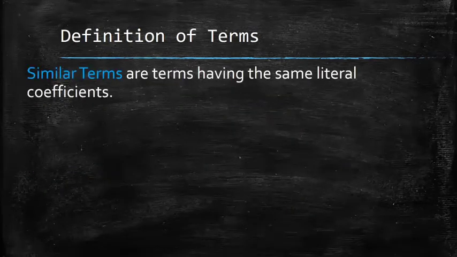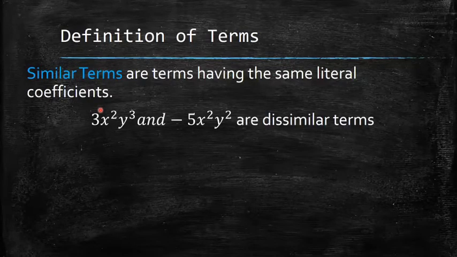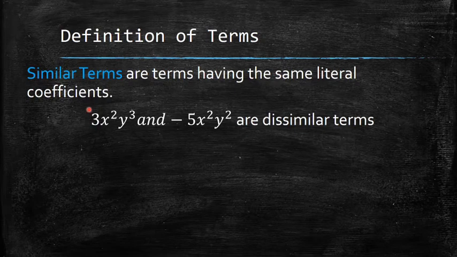Now let us have another example of similar terms. Or rather, different terms, the opposite of similar terms. We have 3x squared y cubed and negative 5x squared y squared. If you notice, we have the literal coefficient x squared y cubed.